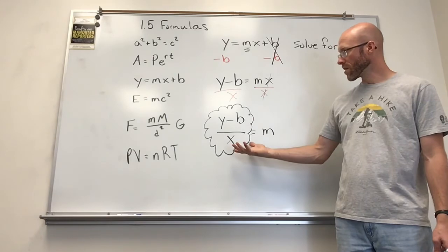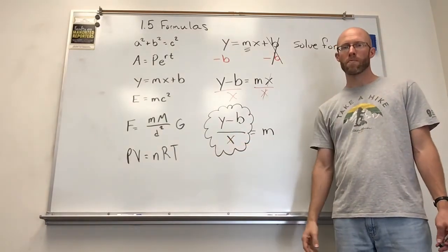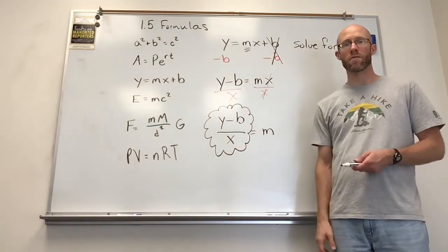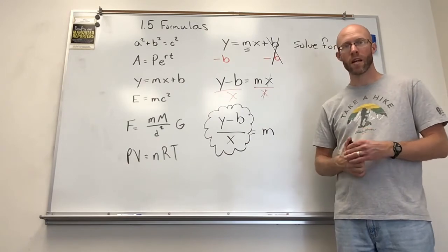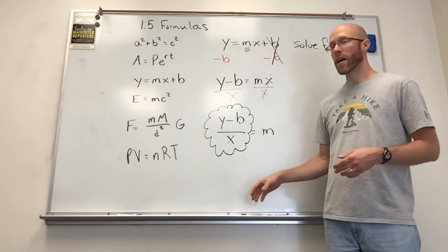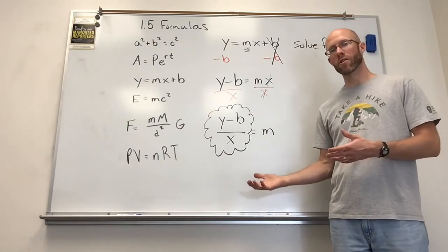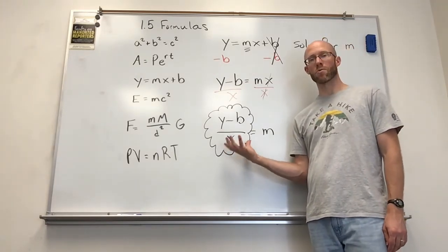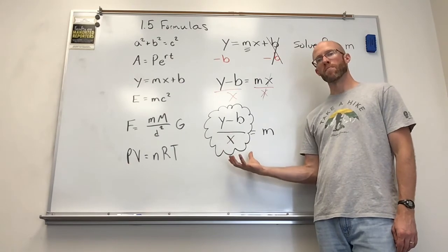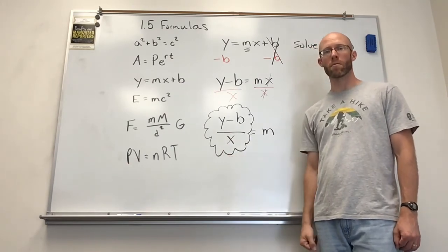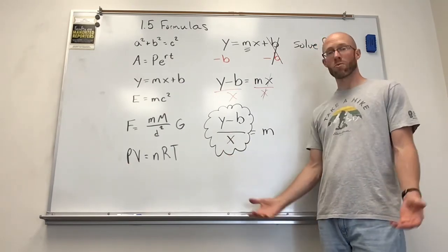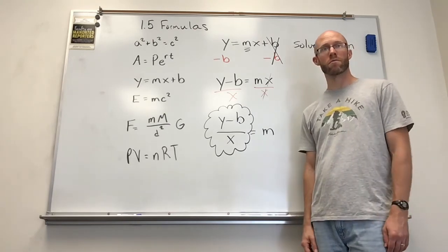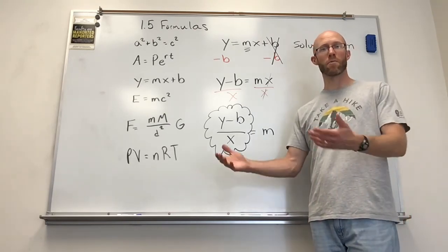It is a bit messy looking, but y minus b over x is a valid answer. And that is the case for any formula. If you solve for a variable in a formula, you're usually going to get a messy answer, some sort of algebraic expression that involves the other variables in the problem. But that's okay. Messy answers are just as valid as nice numbers.